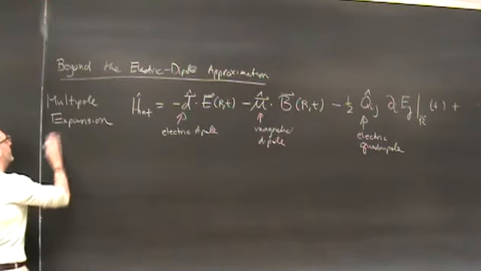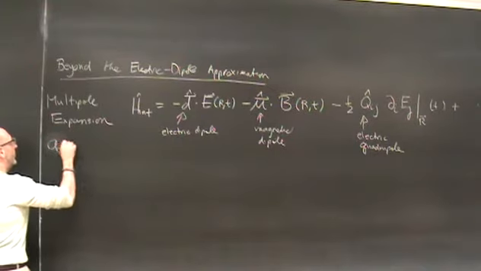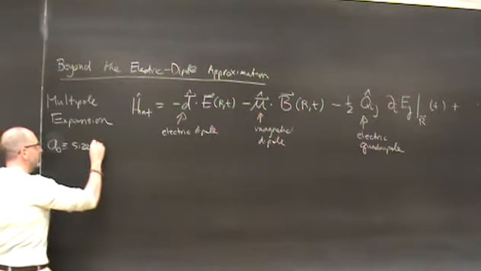Let's say a-naught is the size of the charge distribution.